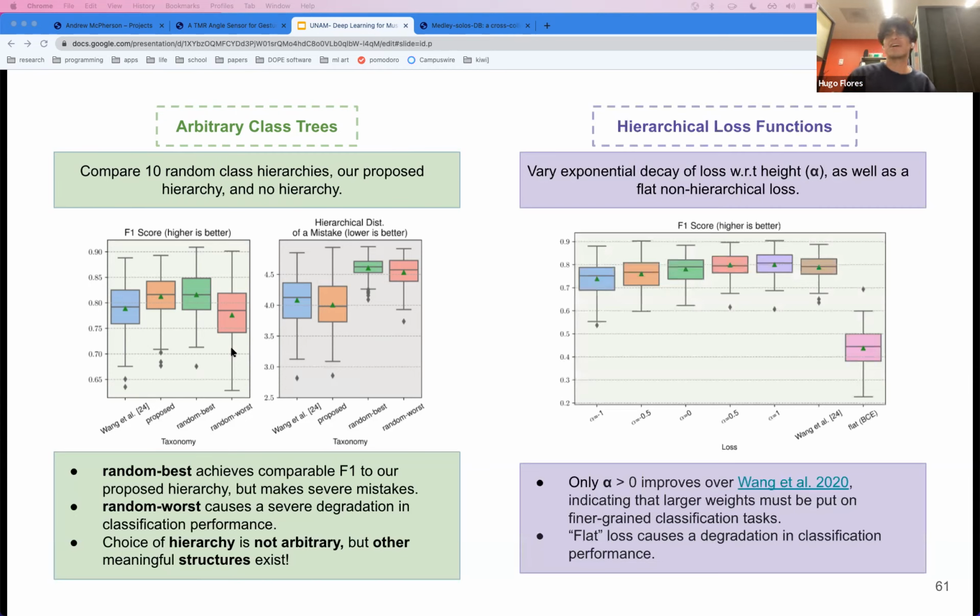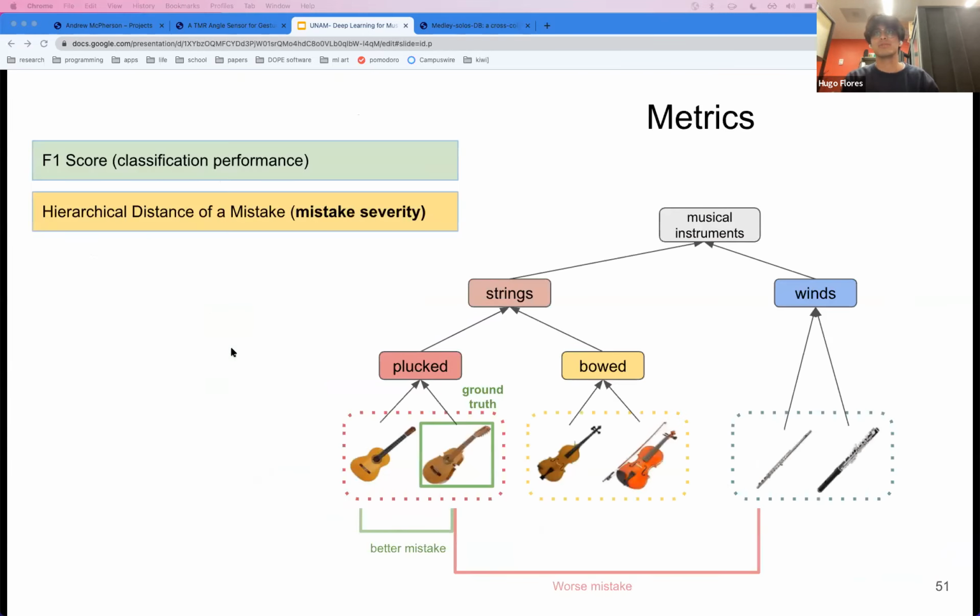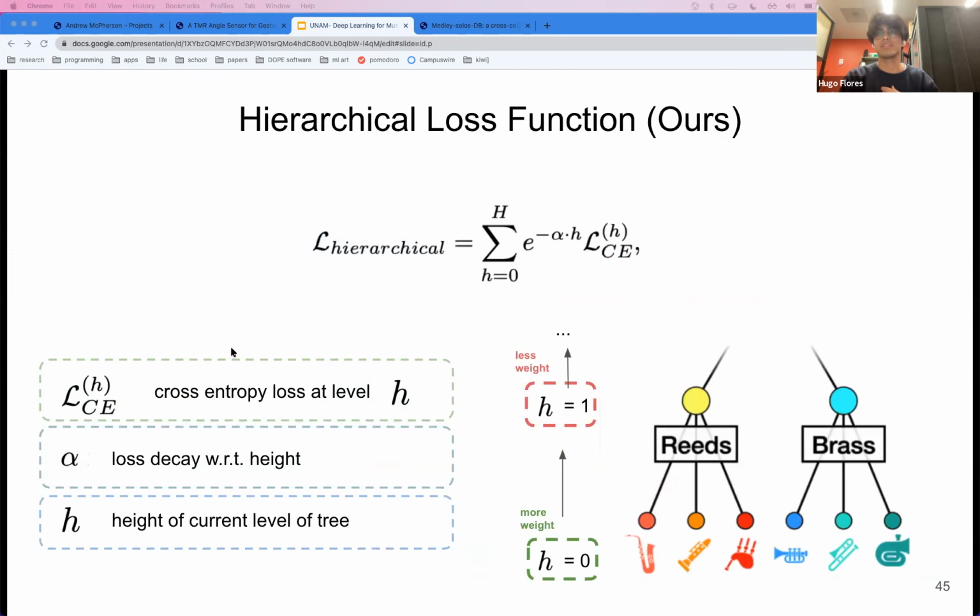The next to last experiment was, how do we weigh the different levels? Do we give the most priority to the lowest level, or do we give the most priority to the coarsest level? So what we tried was varying this alpha parameter.